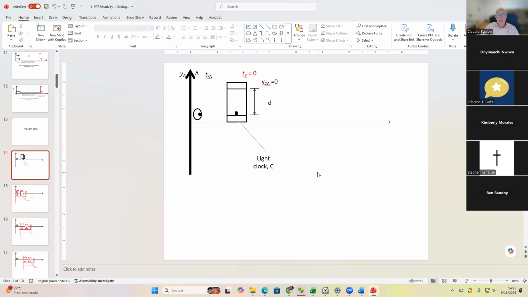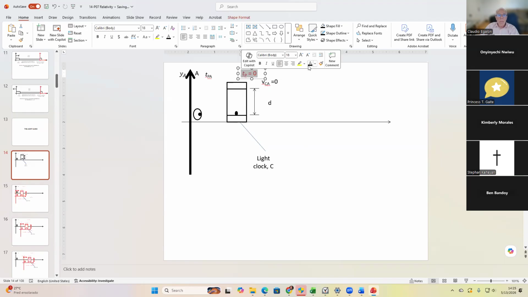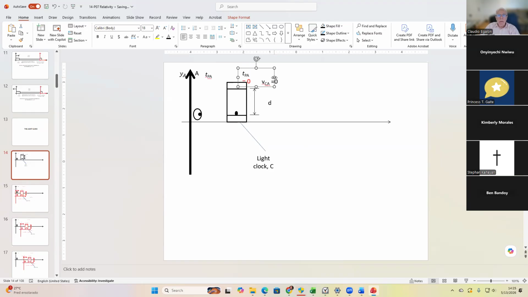Light clock C. Time of point P with respect to referential A is going to be zero, equal to 0.